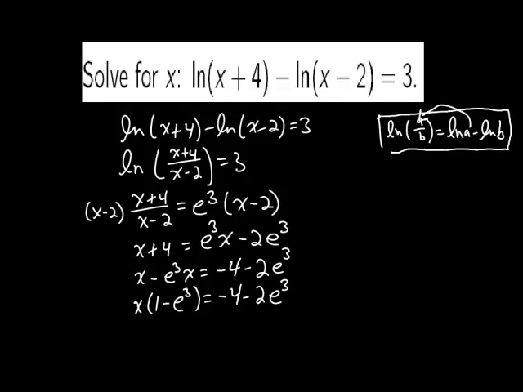And now all that's left is to divide out by the coefficient of x. And we have our final answer. Therefore, x equals negative 4 minus 2e to the 3rd, all divided by 1 minus e to the 3rd.